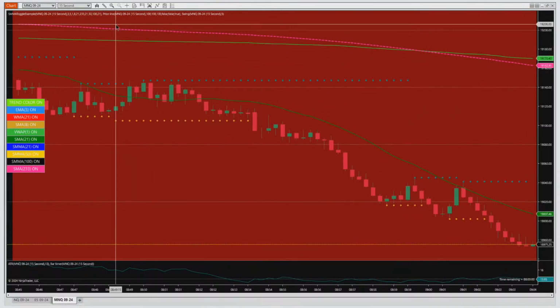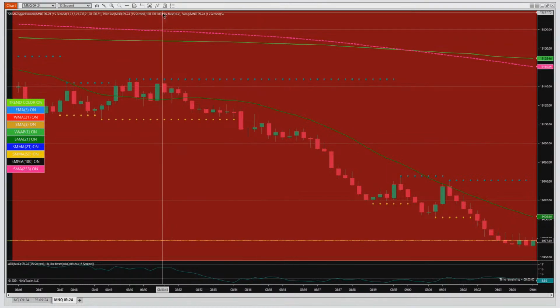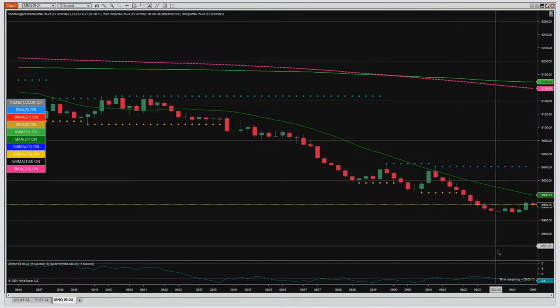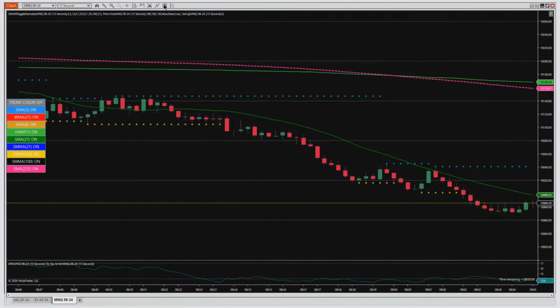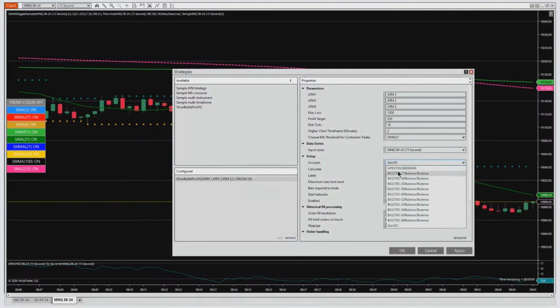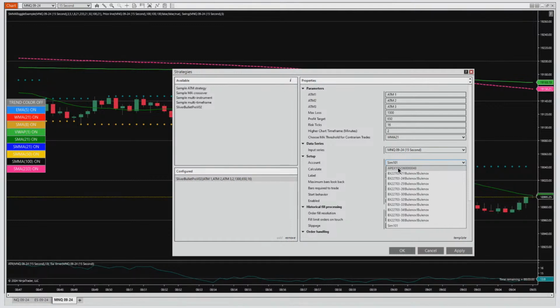Let's see. This seems to be working now. It's falling like there is no gravity. The market is in free fall.